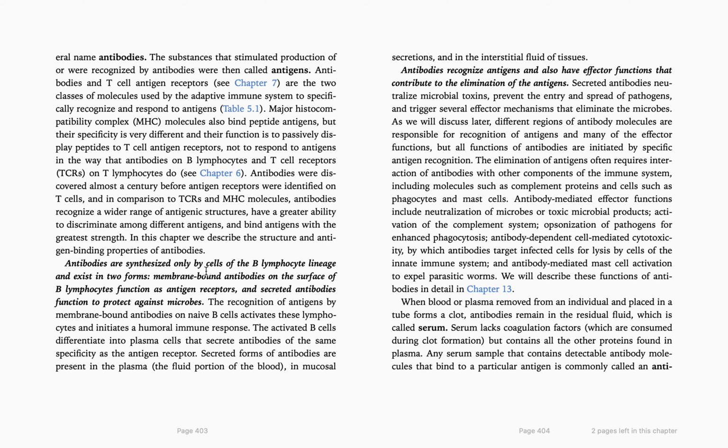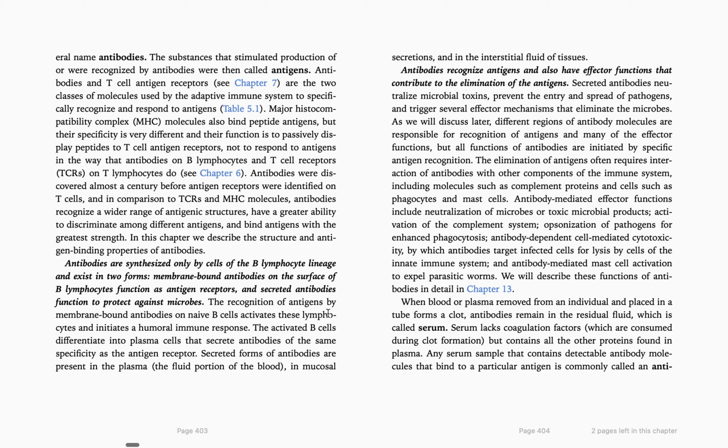Antibodies are synthesized only by cells of the B lymphocyte lineage, and they exist in two forms. Membrane-bound antibodies on the surface of B lymphocytes function as antigen receptors, and secreted antibodies function to protect against microbes.